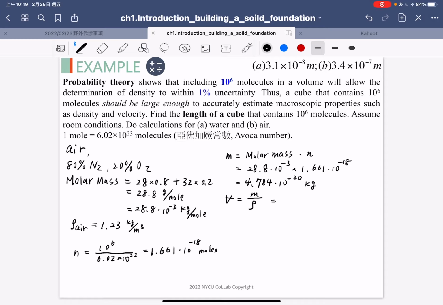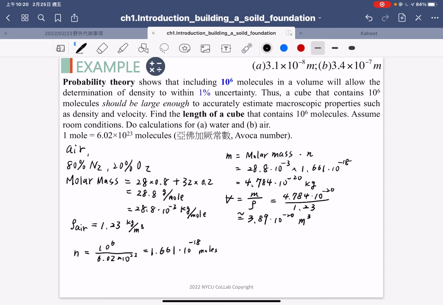So put the numbers here: 4.784 times 10 to the minus 20 divided by 1.23, and the answer here is roughly 3.89 times 10 to the minus 20 power. The unit here is cubic meters.